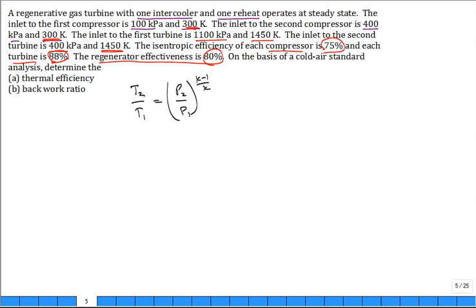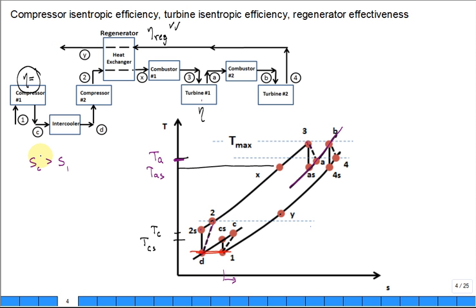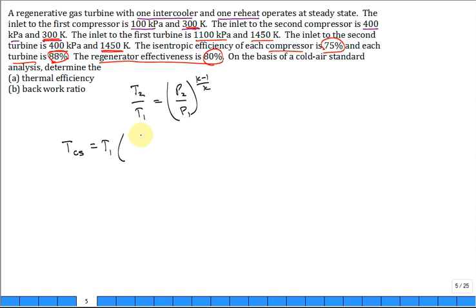So for this application, I'll just do the first compressor. So the temperature at CS, why C? Trying to be consistent with the textbook. That states C after the first compressor, right? CS is equal to T1 times the ratio of P2 or PC divided by P1 to the K minus 1 over K. The temperature is 300.